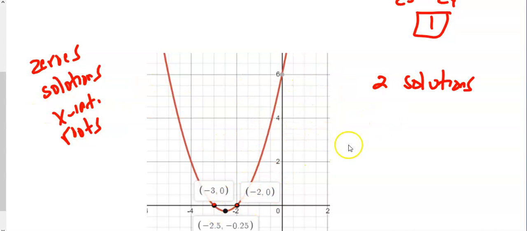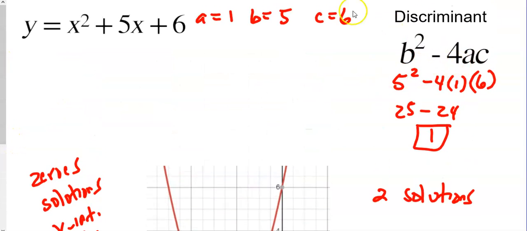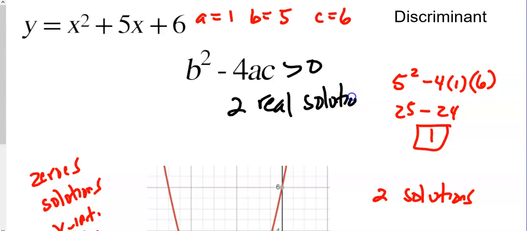So anytime your discriminant is greater than 0, you have two real solutions, which means it crosses the x-axis twice. Two real solutions.